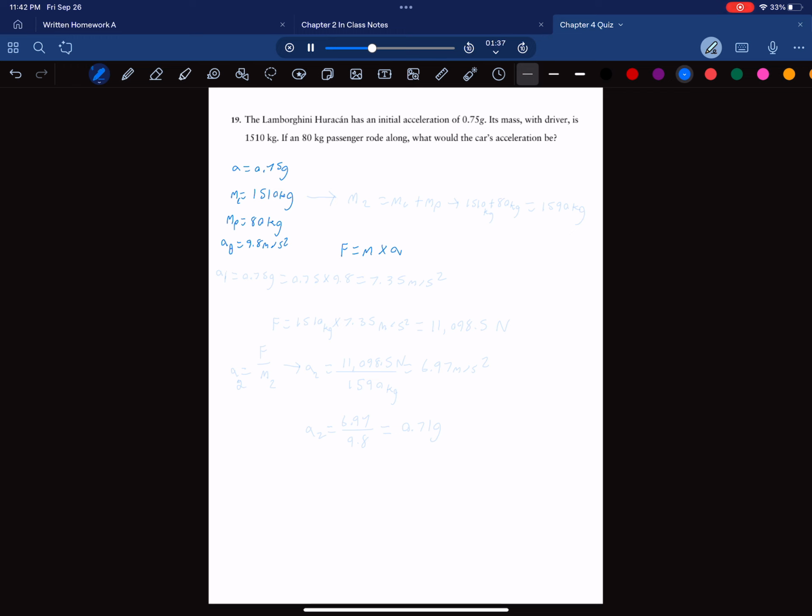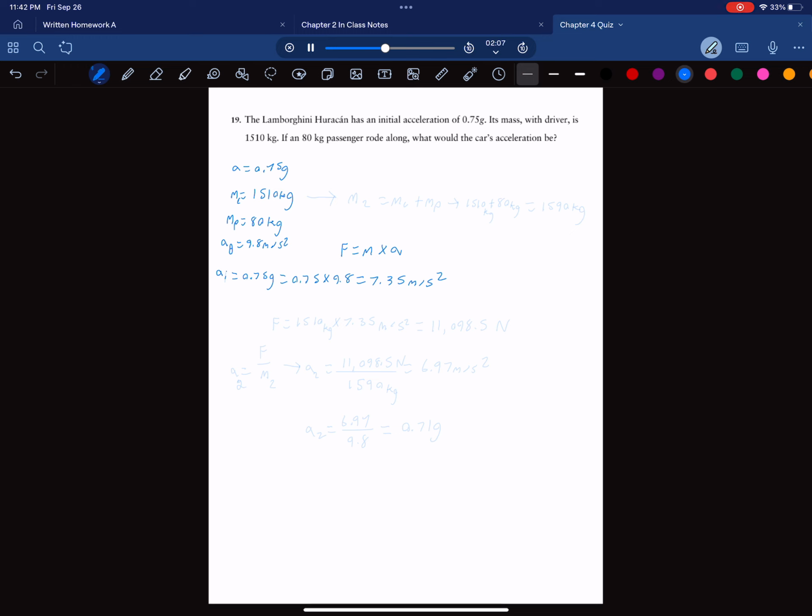So, in order to convert from g's to meters per second squared, what we can do first with the initial acceleration is, we know it's 0.75 g's. What we'll have from that is 0.75 times 9.8, and that'll equal 7.35 meters per second squared. That'll be our new conversion. So same acceleration, just different units.